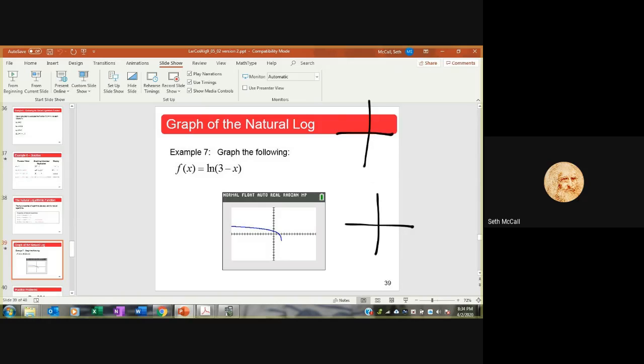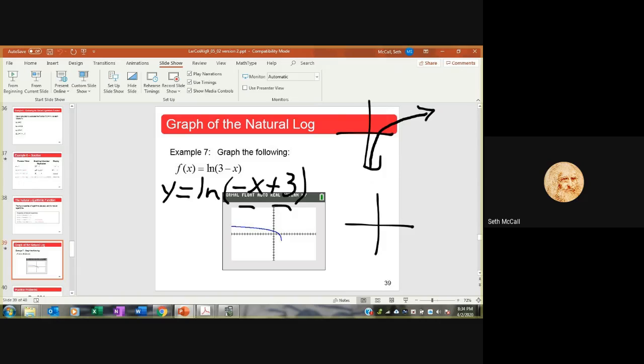So remember, the graph of natural log itself, all the log functions look like this. Now, if I reorder this, I'm going to write this as y equals natural log of negative x plus 3. There are two different things happening to this. The first thing is there's a negative 1 on the inside, and then there's the plus 3. So the negative 1 on the inside is a reflection about the y-axis.